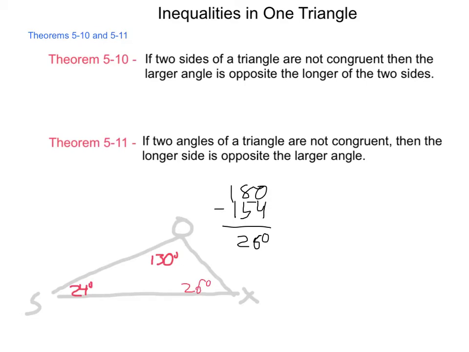Now, invoking theorem 511, the shortest side will be opposite the shortest angle, so we will have line segment OX is less than line segment SO, which is opposite the 26 degrees, which will be less than line segment SX, opposite the 130 degrees.